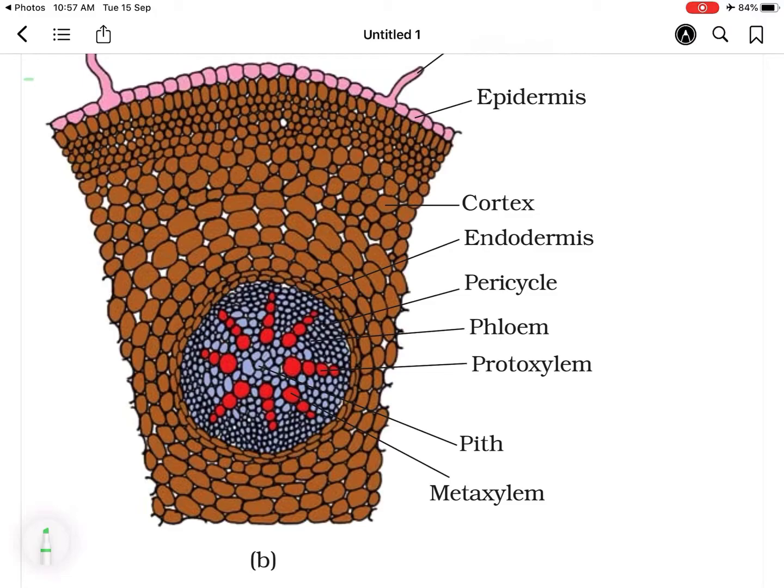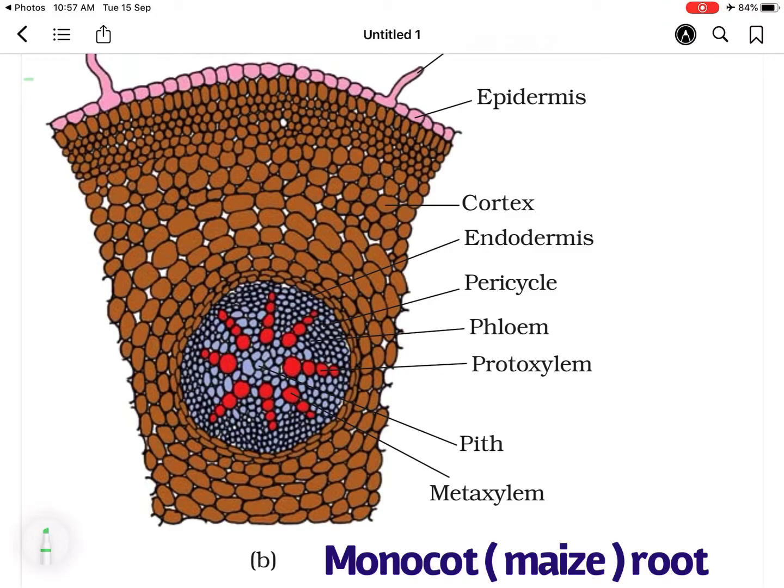Now students, this diagram is regarding the monocotyledonous root, and here also all the structures are mostly similar to what we have done previously in dicot root. Like epidermis, the structure is the same, made up of a single layer arranged like this.